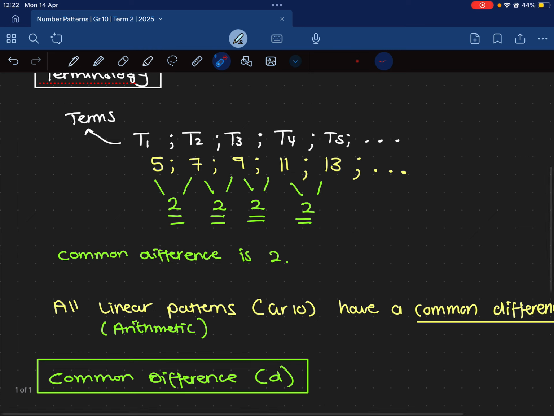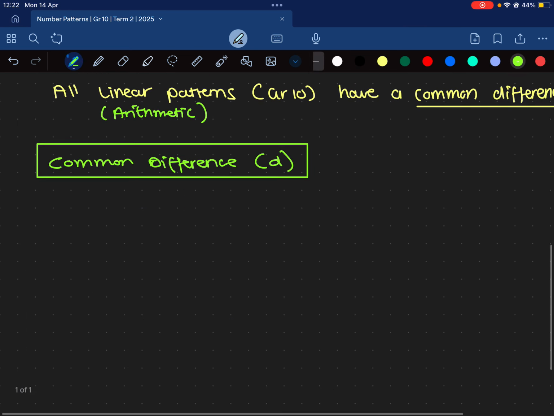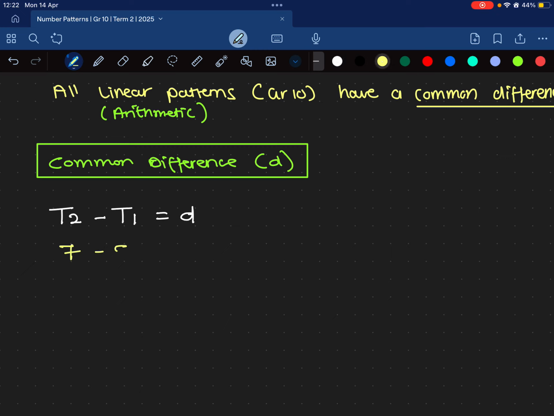The way that we can find this common difference is by saying, well, if I take 7 and subtract 5, I'll get 2. So I say, if I take term 2 and subtract term 1, I should get the common difference. And in this case, it would be 7 minus 5, which is equal to 2.